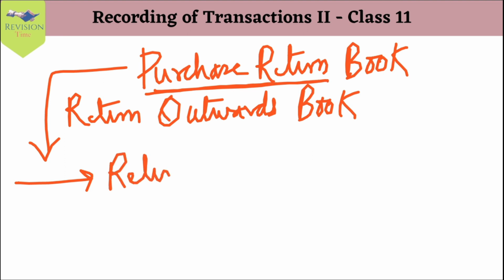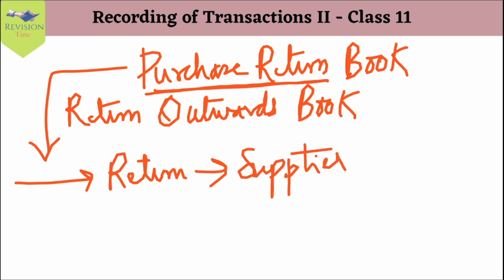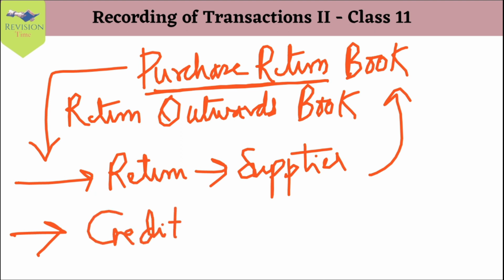When we are returning goods to the suppliers, we make an entry in a book called the purchase return book. Again, a very important point to remember: we can make an entry only for products which were purchased on credit.